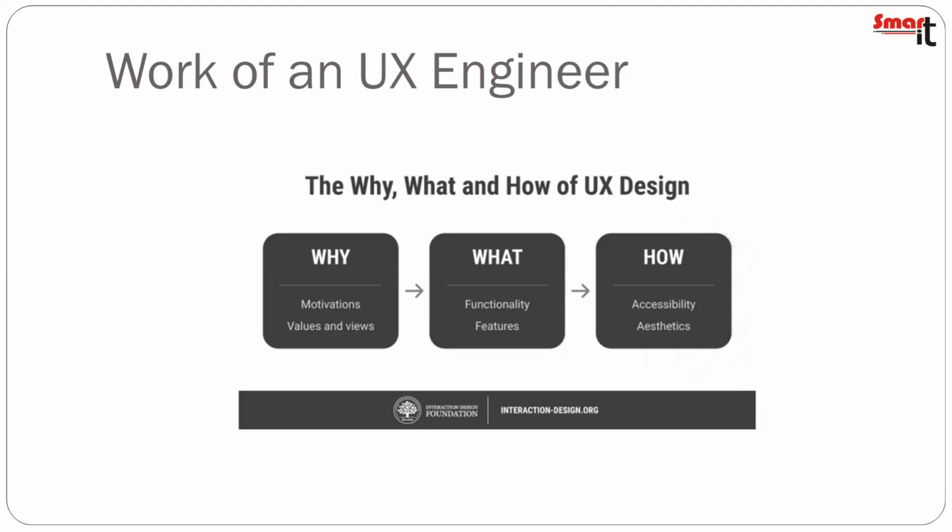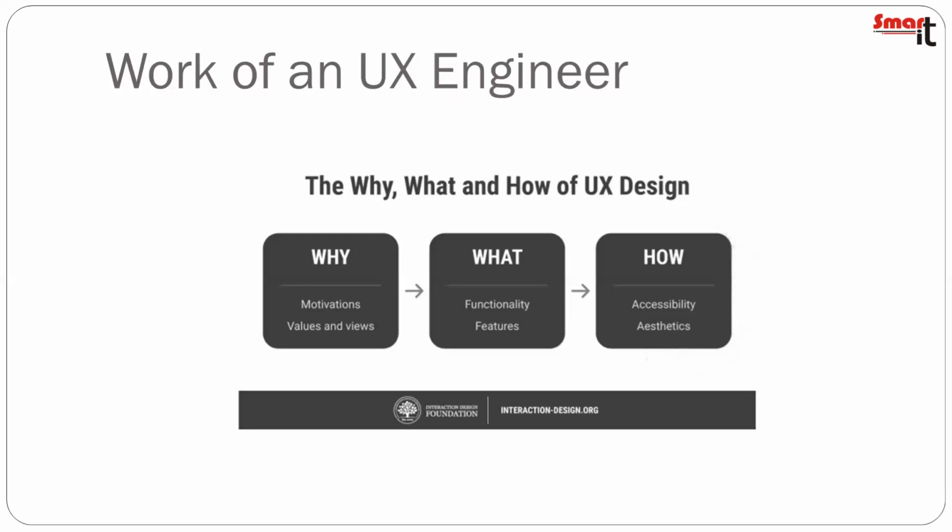the UX designer or UX engineer always thinks about why this action is performed by the user. It means what motivates this user, why this user is doing something, what the purpose of doing it is, the functionality and features, and how that user interacts with it.